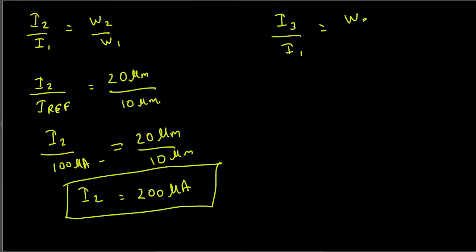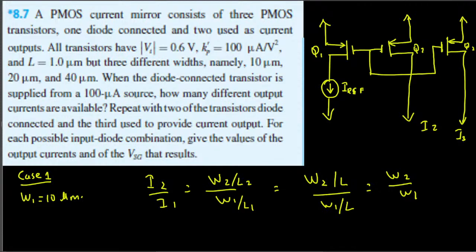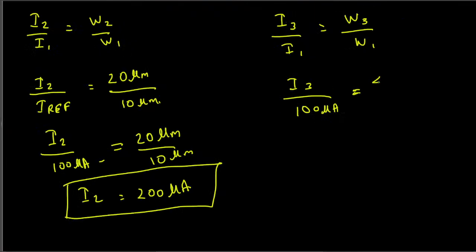So this ends up being W3 over W1. We know that I1 is I reference, that's 100 microampere, and since we assumed W2 to be 20, W3 should be 40 micrometer, divided by 10 micrometer, that is equal to 4 times 100, 400 microampere.